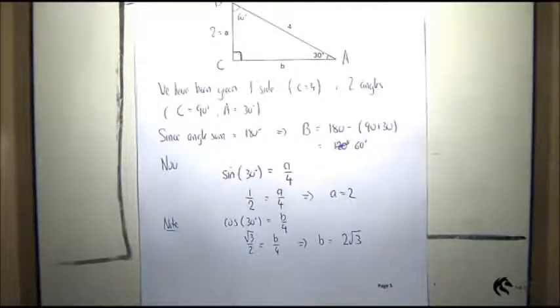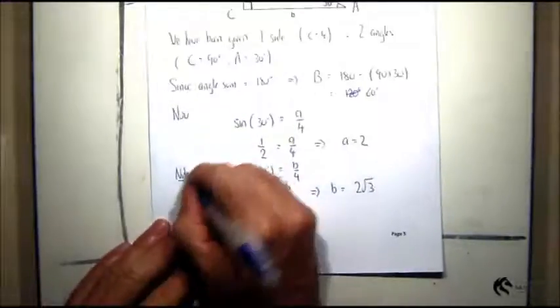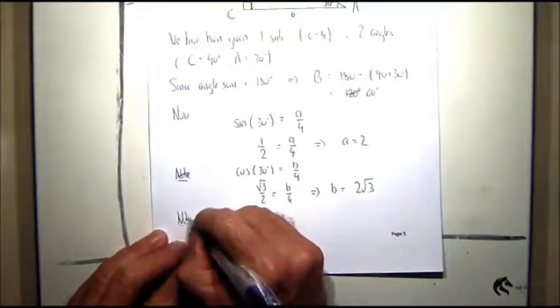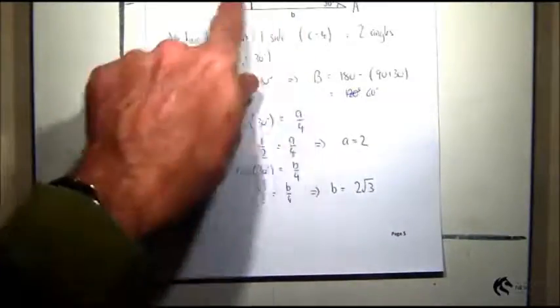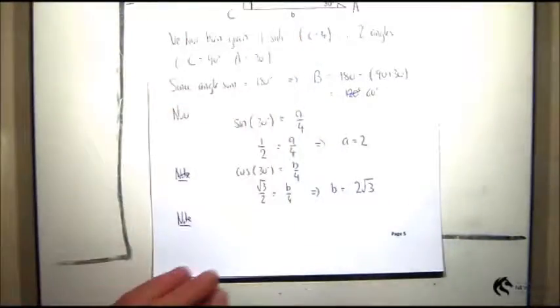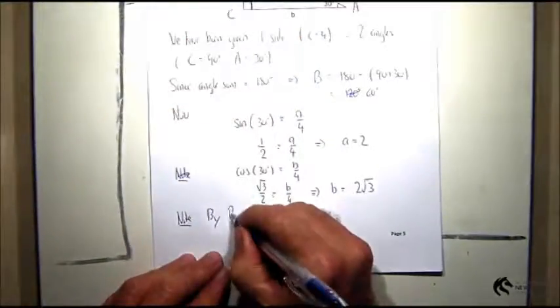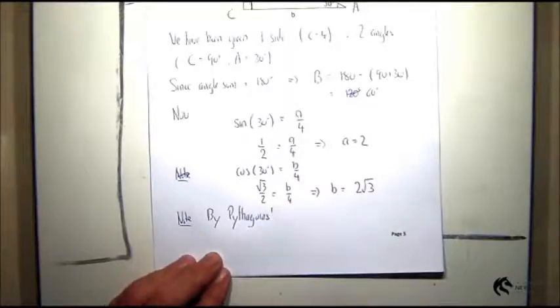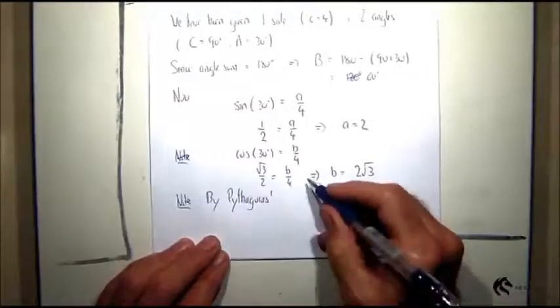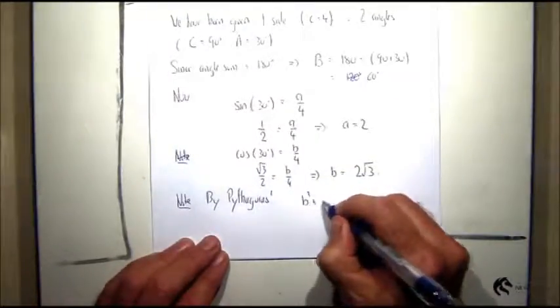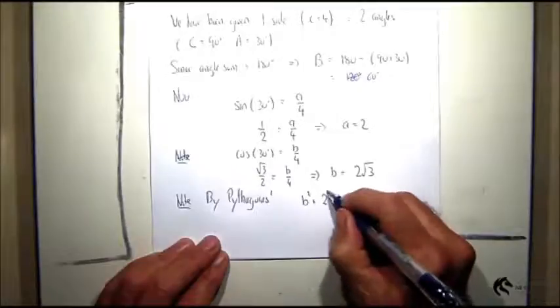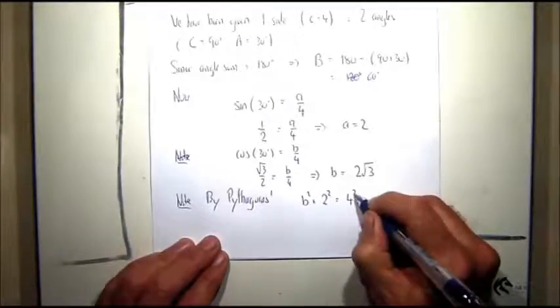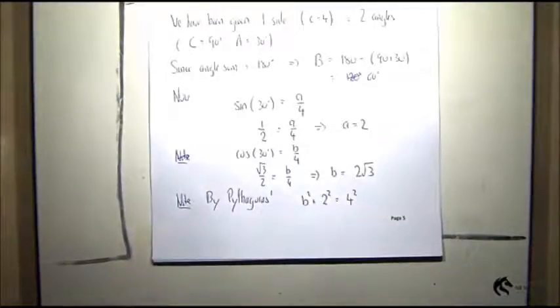Now, in this case here, I didn't mean to put the note there. This is what I wanted to note: I could have found B via Pythagoras' theorem. So by Pythagoras, I could say that B squared plus A squared, and A is 2, has to be equal to C squared. So rather than using cos theta, I could have used Pythagoras' theorem.